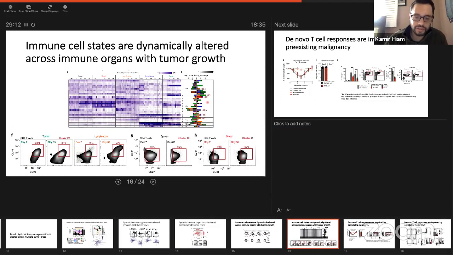We did also do some ex vivo stimulations to see if they could produce interferon gamma, TNF alpha, and IL-2, to make sure that cells in the periphery were polyfunctional. But we haven't done any sequencing or epigenetic studies in the periphery yet on T cells.